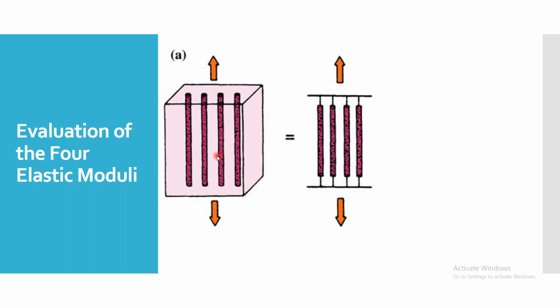So let's look into these two terms. But since what we call the composites is nothing but orthotropic materials. Okay, so it is not isotropic. The properties are not same in all directions.